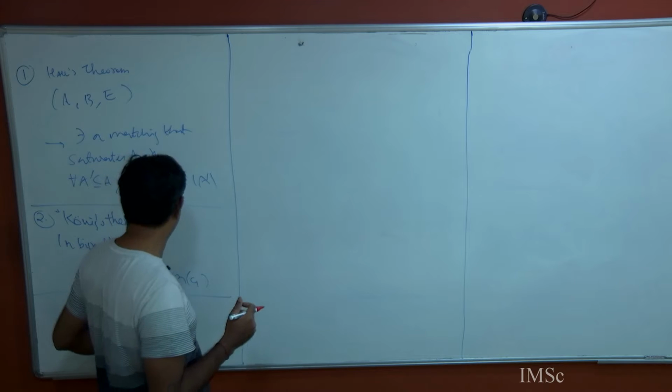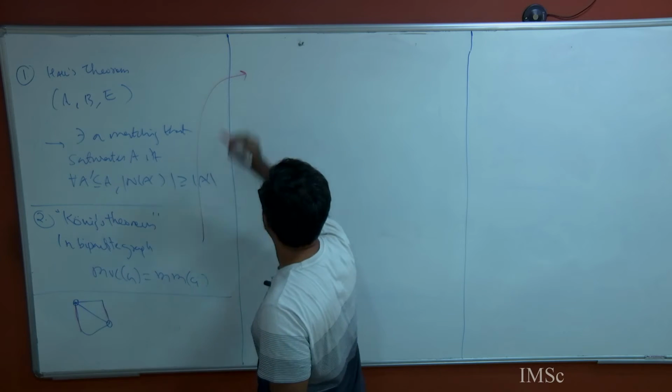So, in the language of Koenig's theorem, what can I say?